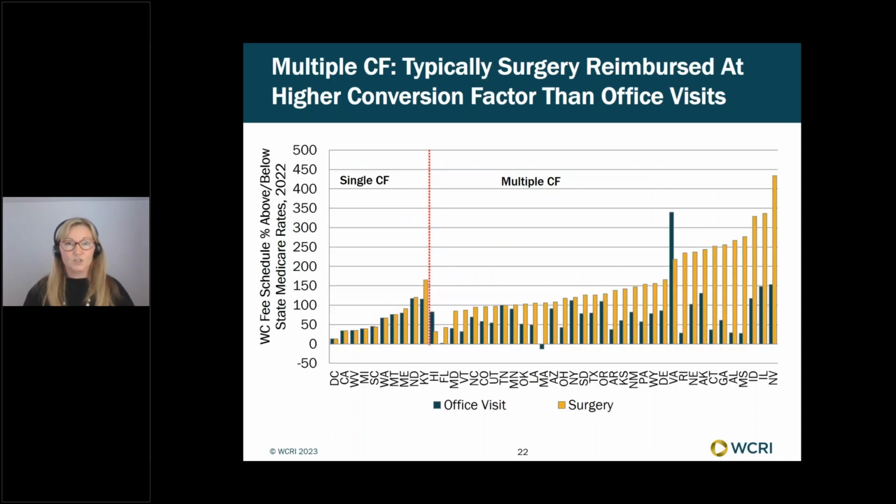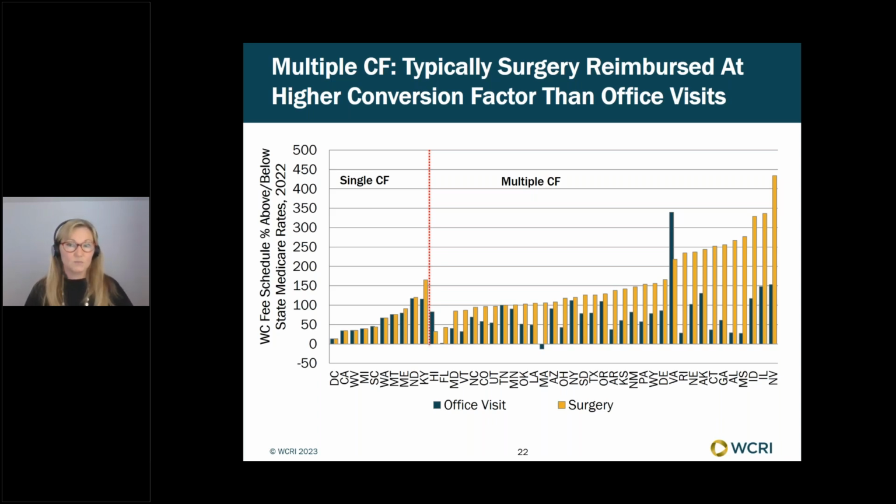So in this chart, we compare workers' compensation fee schedules for surgeries, that's yellow bars, and office visits, blue bars, for each state. And to illustrate differences between single and multiple conversion factor states, we grouped single conversion factor states on the left side of the chart.